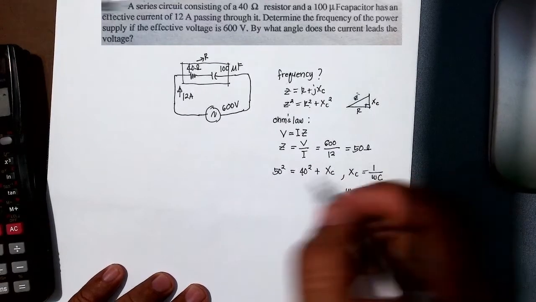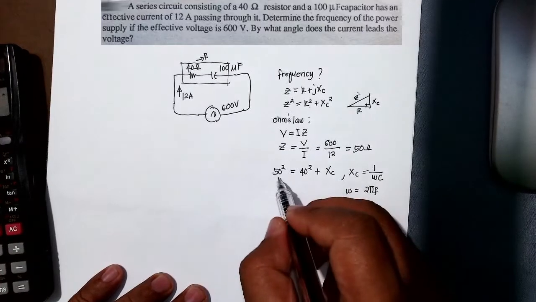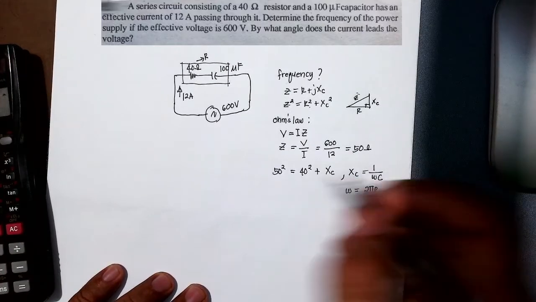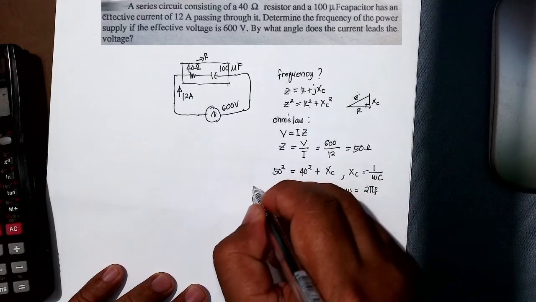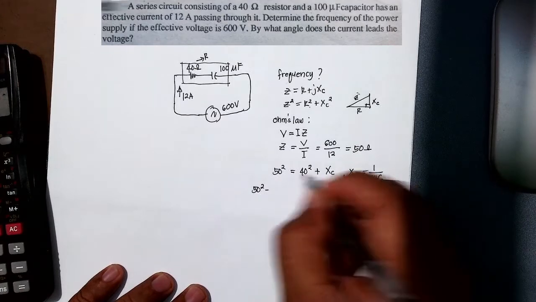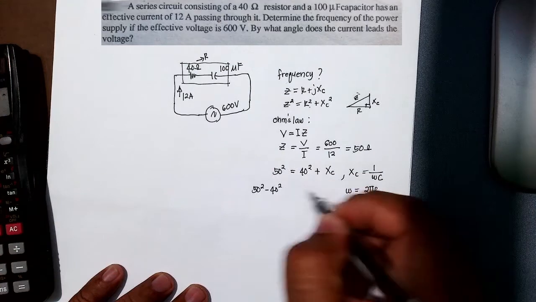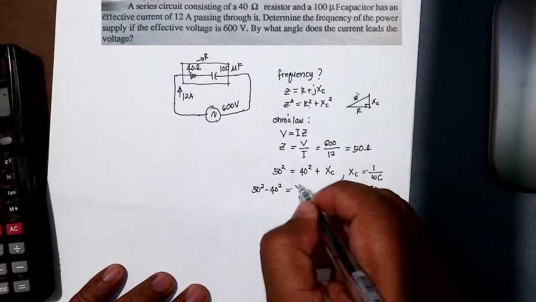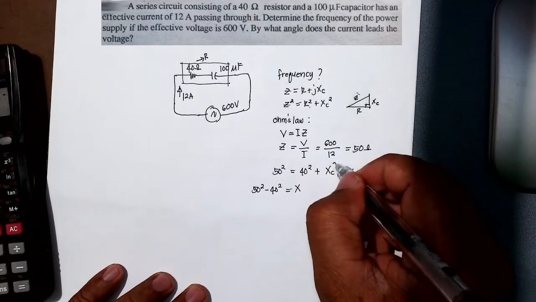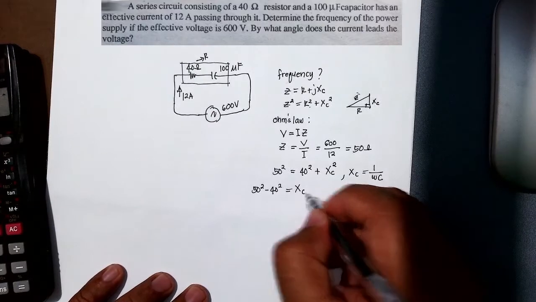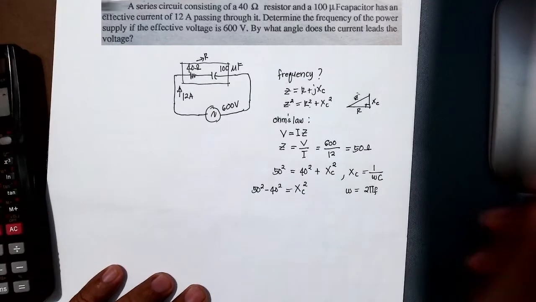We just get now the value of 50 squared. So you have 50 squared minus, we place it on the left side, 40 squared equals X sub C squared.